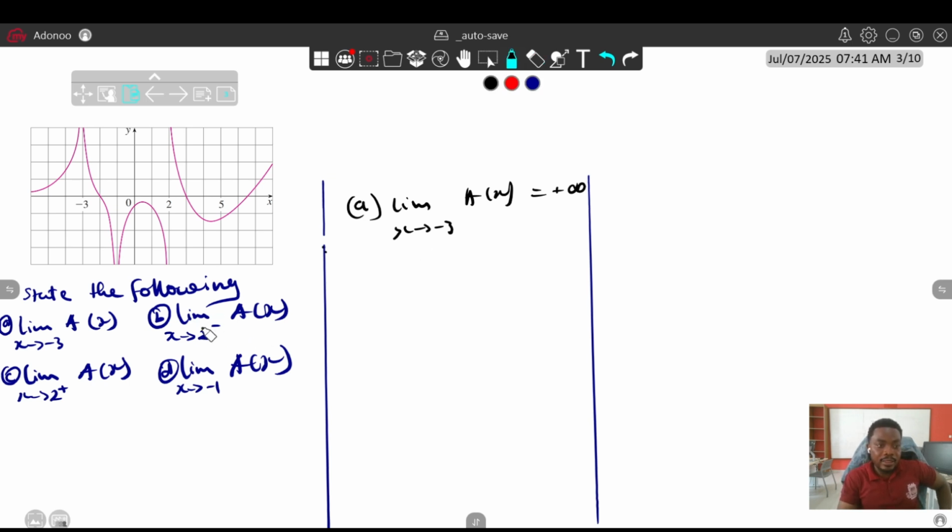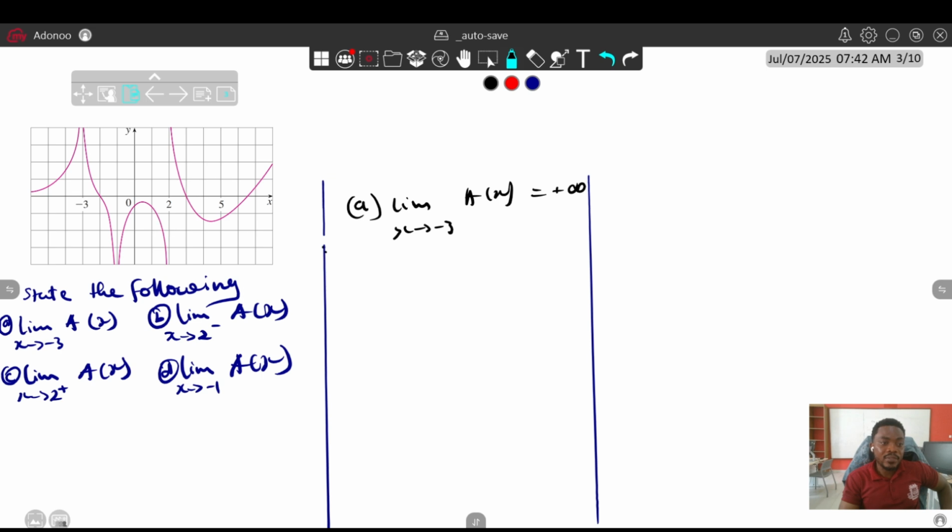Now let's look at the second question, B. It says we should find the limit of a of x as x approaches 2 from the left.